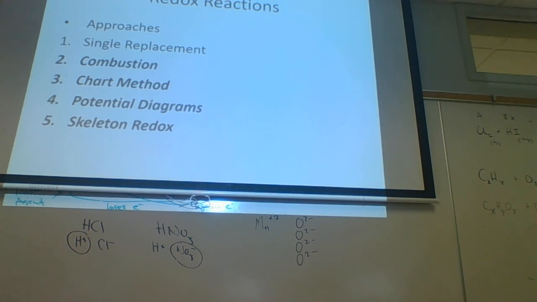Carbon, variable charge typically, or fixed charge typically? It's variable charge, but we don't know the charge here. But hydrogen, we know the charge. What's the charge on hydrogen? +1. Oxygen, we should know the charge. What's the charge on oxygen? -2.